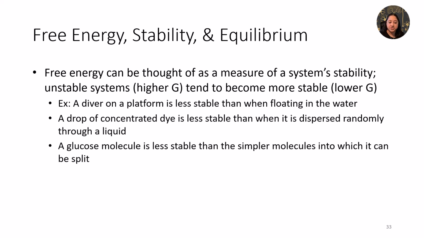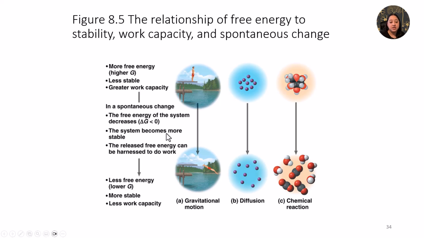So here's a picture of these examples. Basically, some things want to happen because they're going to want to go from a higher state of instability to stability. I think especially if you think about diffusion, and we just covered that last week, right? So over time, things will become more stable.